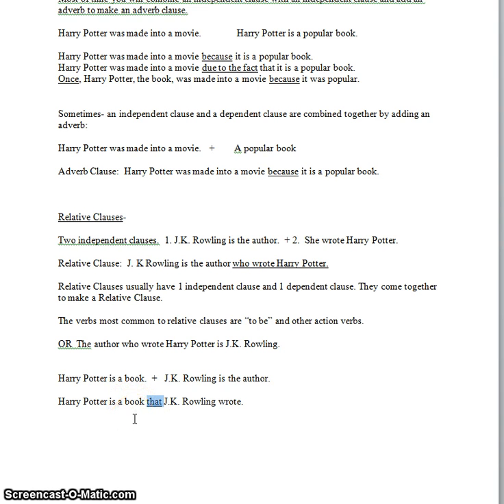We do not use that with people. We use it with objects. So once again, Harry Potter is a book plus J.K. Rowling is the author. I can make a relative clause with the word that. Harry Potter is a book that J.K. Rowling wrote.